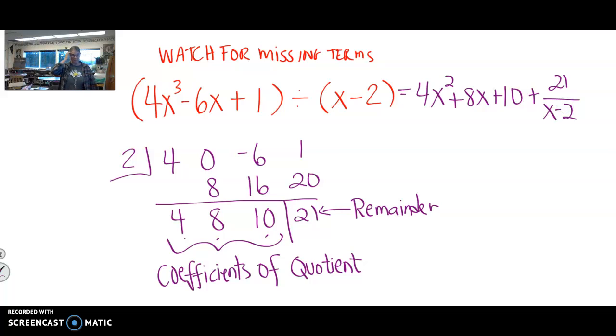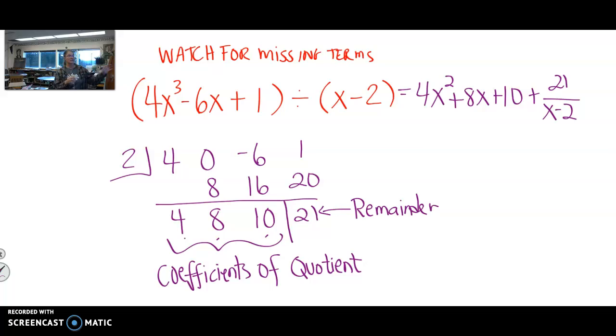Okay, so that is all I'm going to do for right now for synthetic division. So you can go ahead and start working on the 3.3 part 2 assignment on synthetic division. But look for future videos. We're going to go over something called the factor theorem. Basically, that just says that if the remainder is 0, it's a factor.